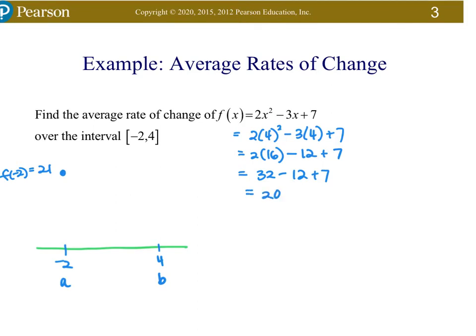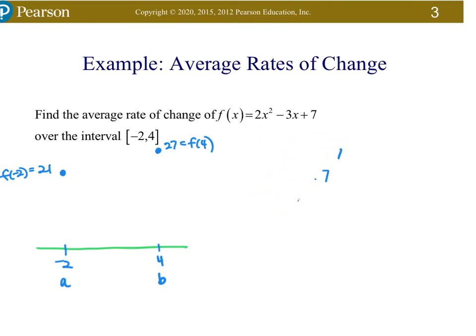That's 20 plus 7, or 27. So we have 27, and that equals f of 4. And there's a parabola coming through, connecting those two.